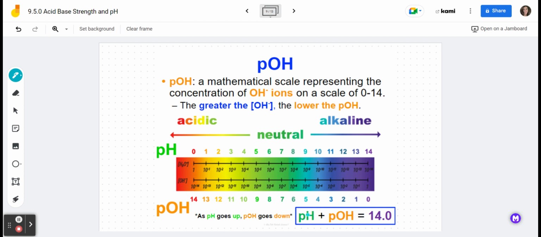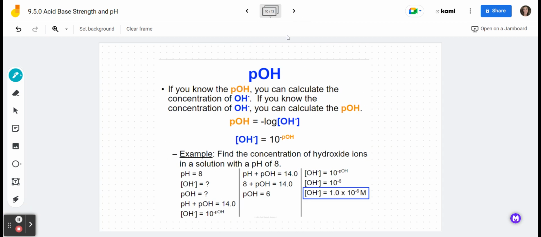The maximum is 14. So when you are calculating, say they give you pH and they want to know pOH, all you're going to do is subtract it from 14. That's an easy one. Or vice versa, they give you pOH and they want pH. If you know the pOH, you can calculate the concentration of hydroxide. Again, this is the same calculation as the pH, except these two go together.